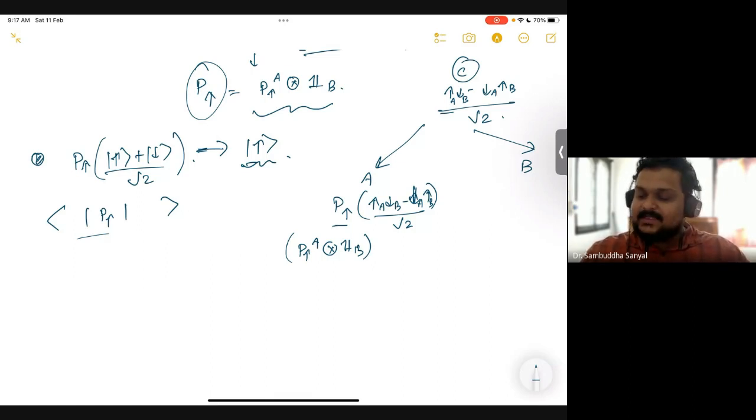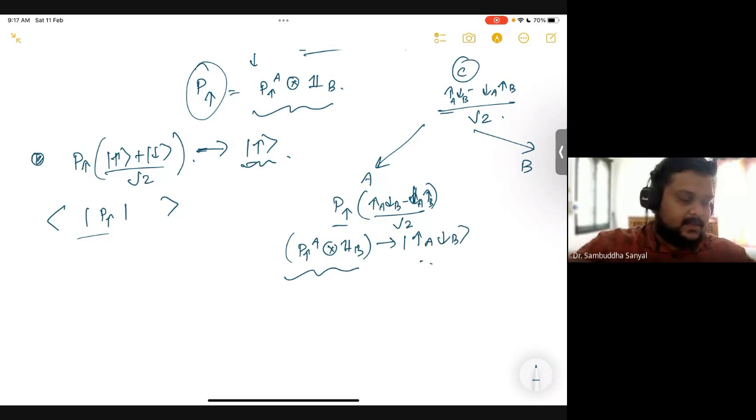And we'll see that when we do that, this will project to up A, down B. You also know already how to do this calculation. I showed you yesterday how to construct this kind of object: write down the 4x4 matrix, act it on this 4x1 vector, and you will get that. I'll show that also today. So this is the idea of how you should use this composite vector space to describe this entangled state.